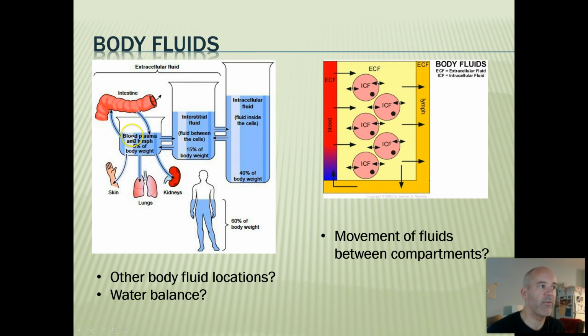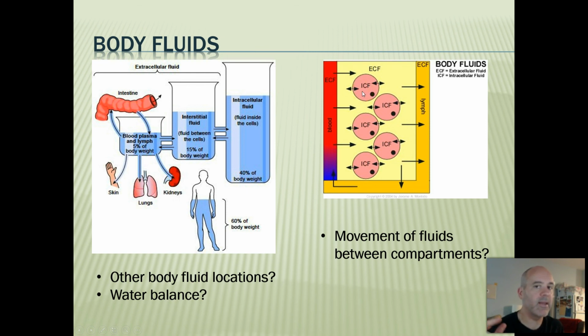You also have fluid in your blood that's called blood plasma. Lymph is fluid that's located in your lymphatic vessels and your lymph nodes. And so just go back and review how fluids move between compartments. It moves out of the blood. The blood pressure squeezes fluid out of the blood vessels and into the tissues.